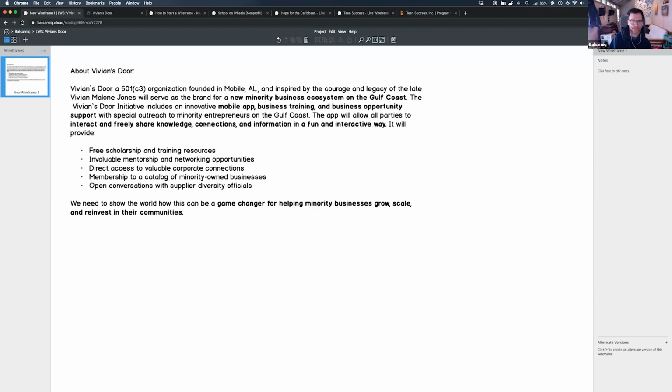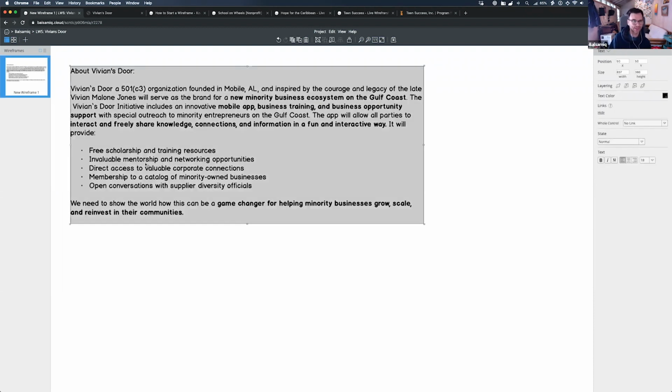And here's this bullet point: scholarship, training resources, mentorship, networking, corporate connections, a catalog of minority-owned businesses. Ultimately, you wanted this to be a game changer for helping minority businesses grow, scale, and reinvest in their communities, which I think is a fantastic mission.